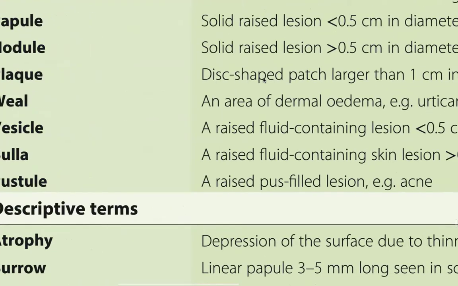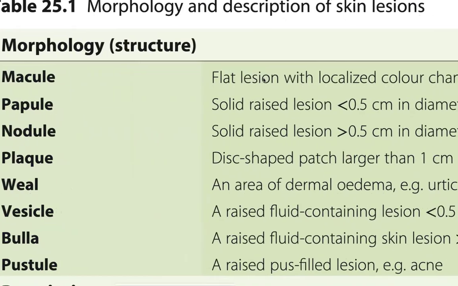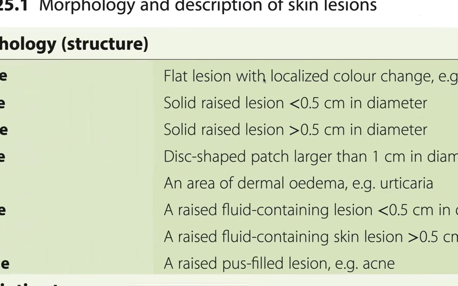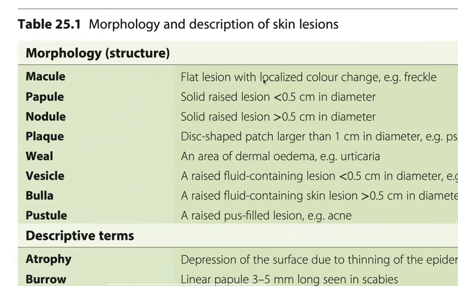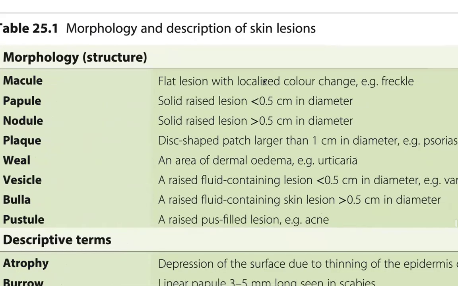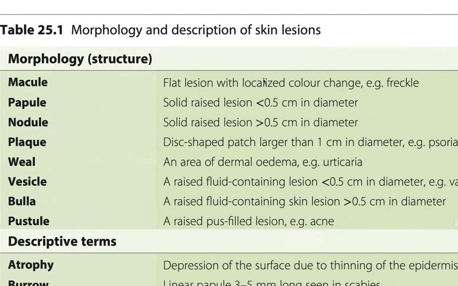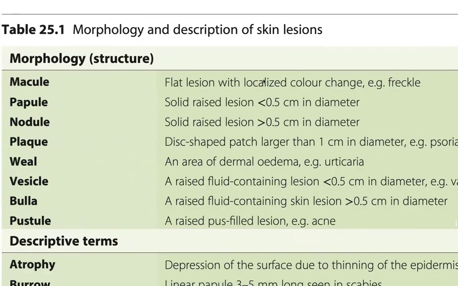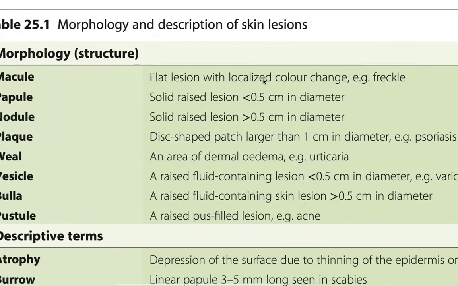These are the morphological descriptions of skin lesions. Macule: flat lesion, localized color change such as a freckle. Papule: solid raised lesion less than 0.5 centimeter. Nodule: solid raised lesion more than 0.5 centimeter. Plaque: disc-shaped patch larger than 1 centimeter in diameter, as in psoriasis. Wheal: an area of dermal edema, urticaria. Vesicle: a raised fluid-containing lesion less than 0.5 centimeter in diameter, as in varicella.